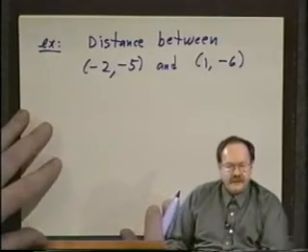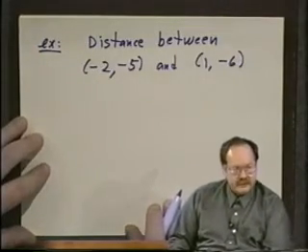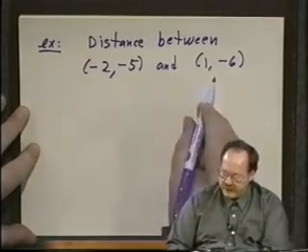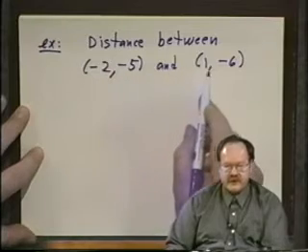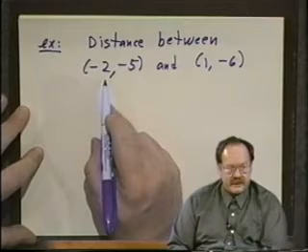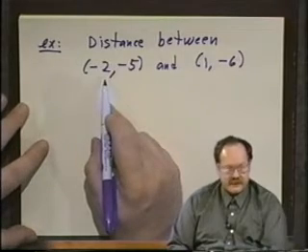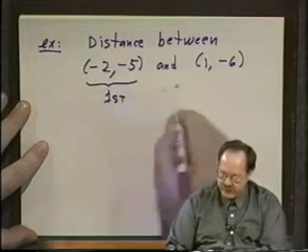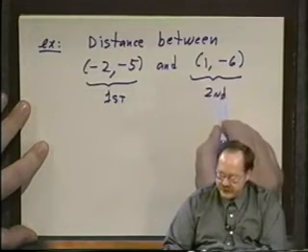Now I'm not going to even draw them because I don't need to. I have a formula now. And when I apply the formula, it makes no difference which of these I choose to be the first point. I will choose the one on the left because it's convenient, but it makes no difference. I'll get the same result either way. So just for the record, I'll call this the first point and call this the second point.